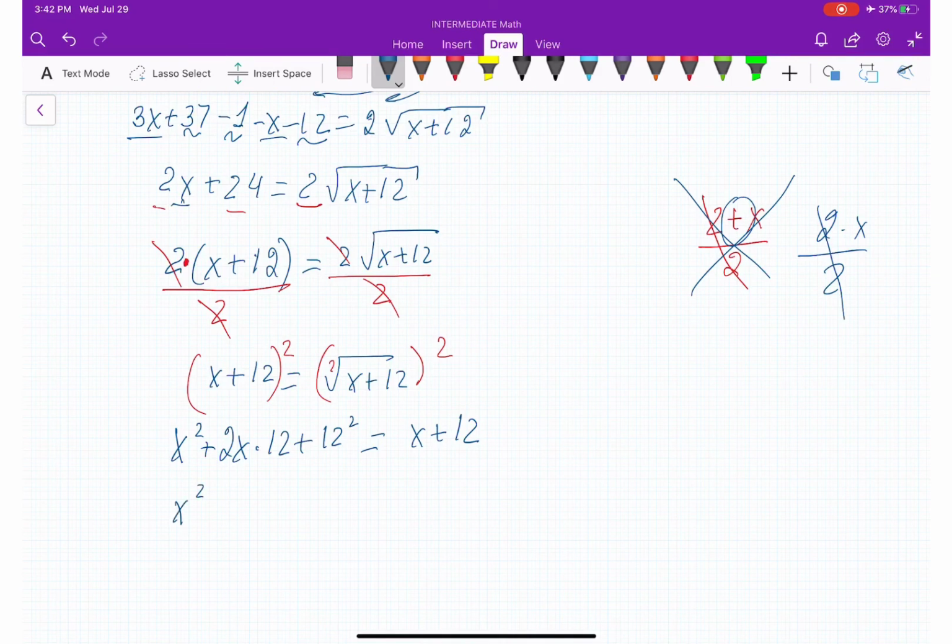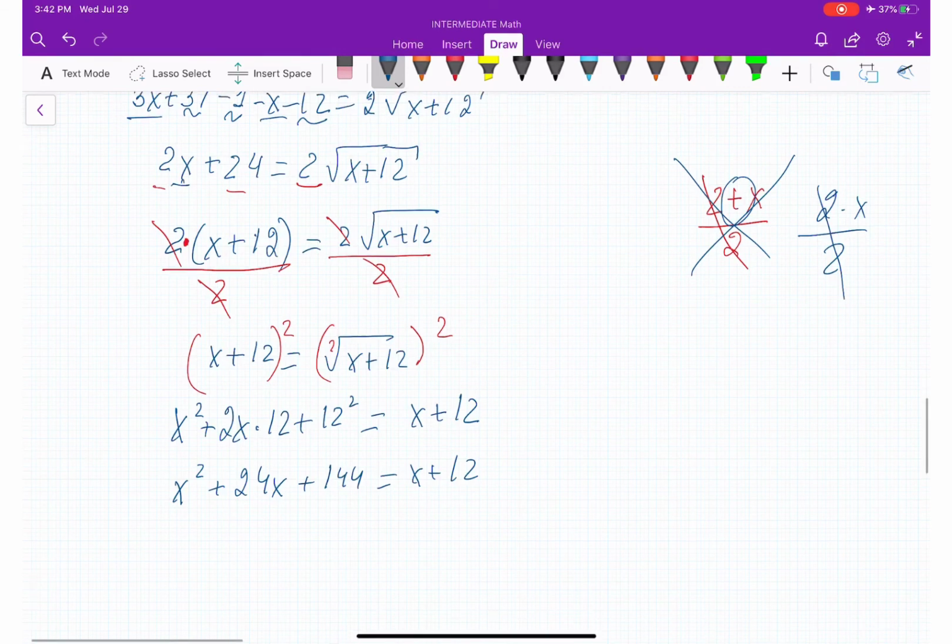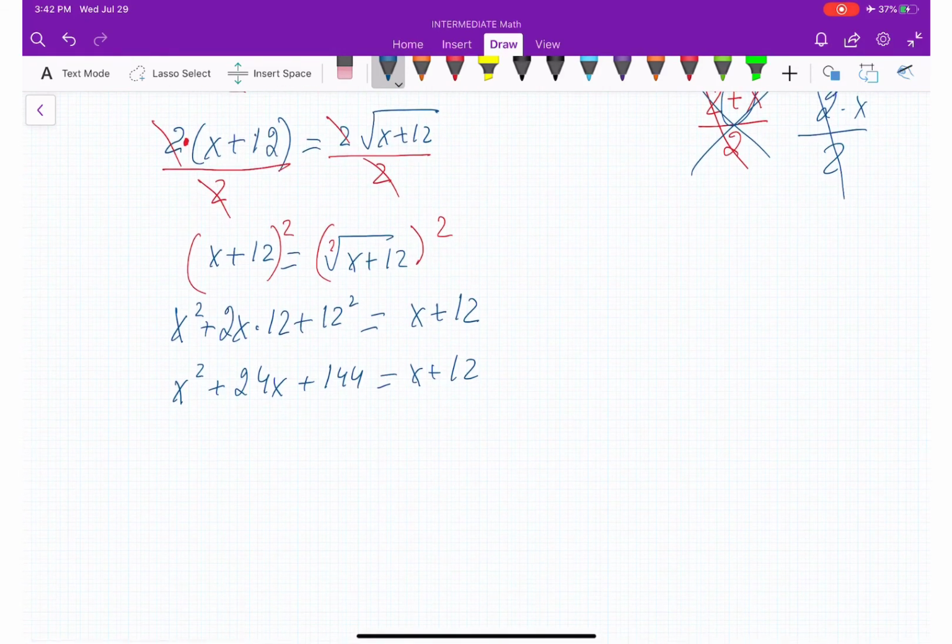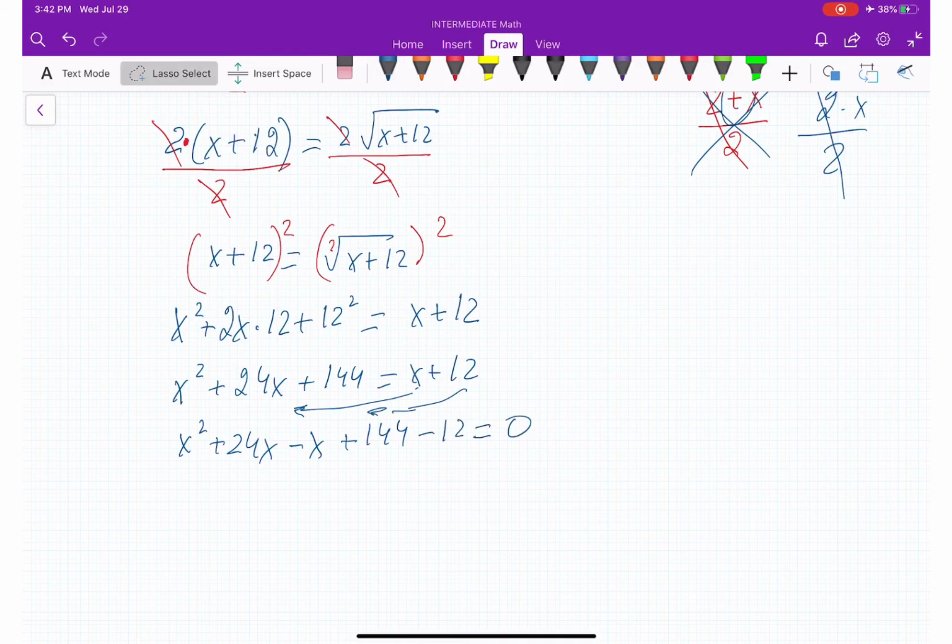X squared plus 24x plus 144 is equal x plus 12. We have a quadratic equation again. I am moving everything to one side. X squared plus 24x, let me put this minus x, and then plus 144 and then minus this 12, equals 0. All right.